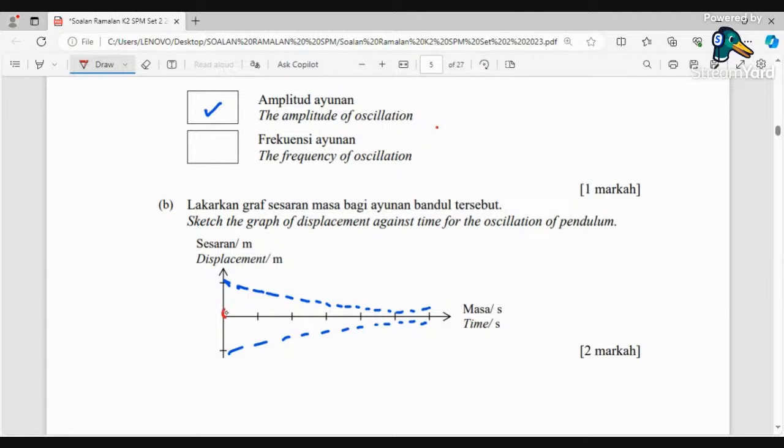Let's say the period is constant. So you draw.